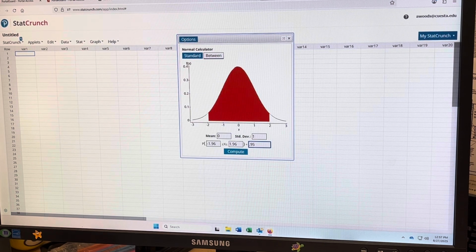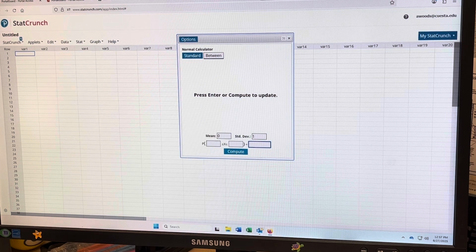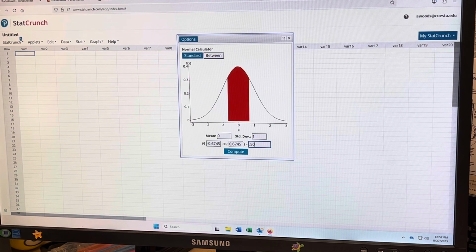And then this time we get two z-scores. So we get the negative 1.96, which is right here, and then we get the positive 1.96, which is symmetrically on the other side. And you can do that with whatever area they give you. If they gave you 50%, you just change this to 0.50, and there are your z-scores.